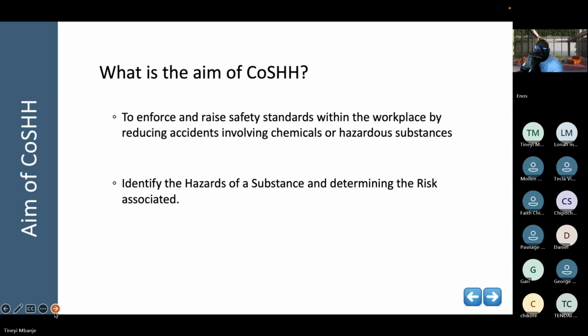All right. I understand we have got a whole bunch of very highly skilled people here. Can anybody explain what is the aim of COSHH within their sector? I just want three people, if anyone can volunteer. Can anyone volunteer to tell me what is the aim of COSHH in their sector? There's no wrong answers here. We're all here to learn.